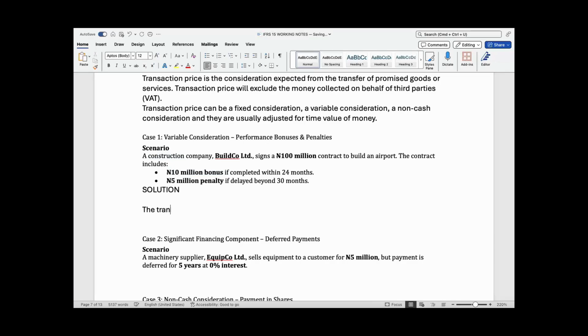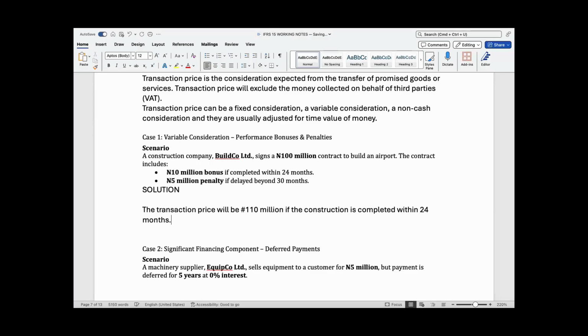So the transaction price will be 110 million if the construction is completed within 24 months, because they said you will get a bonus.